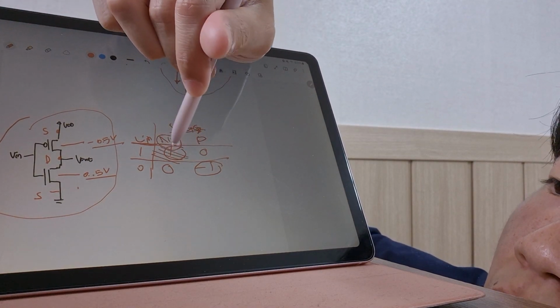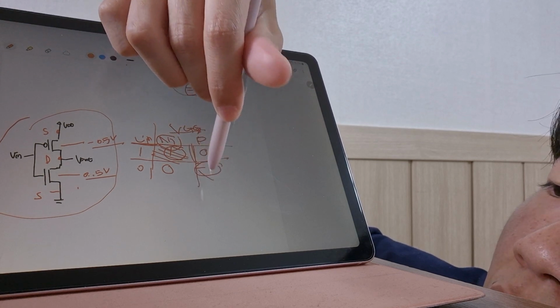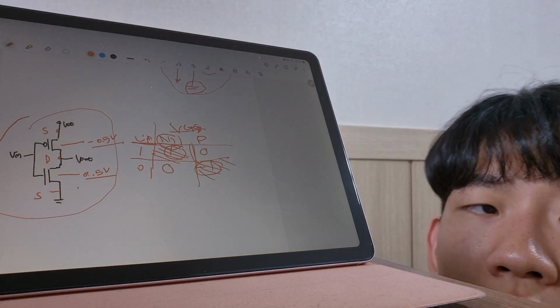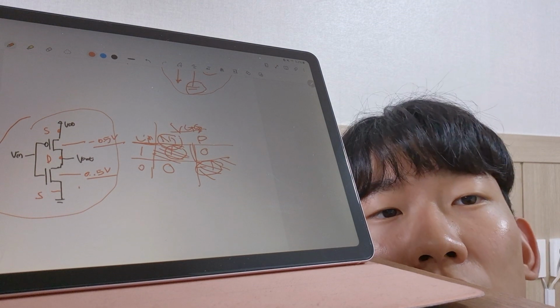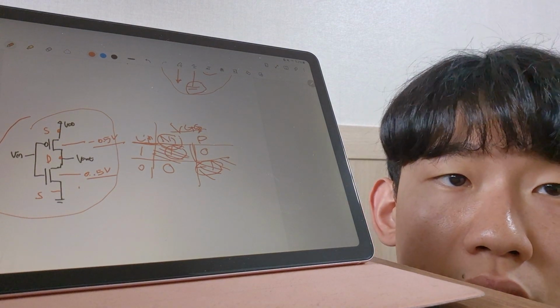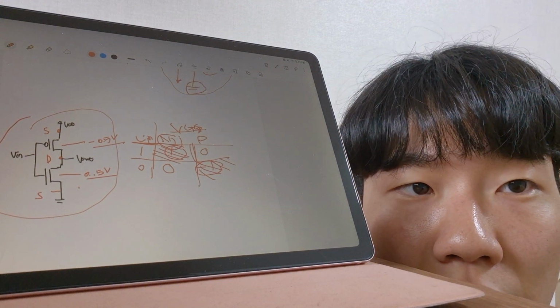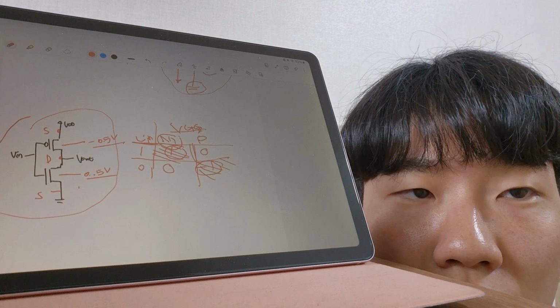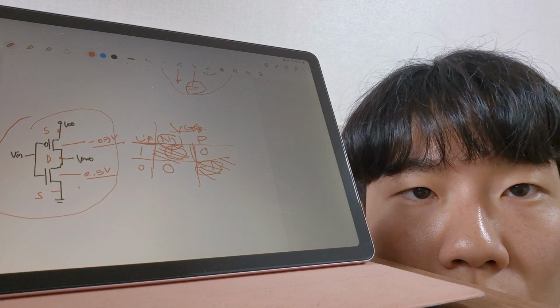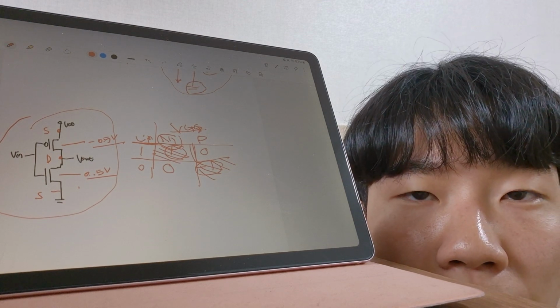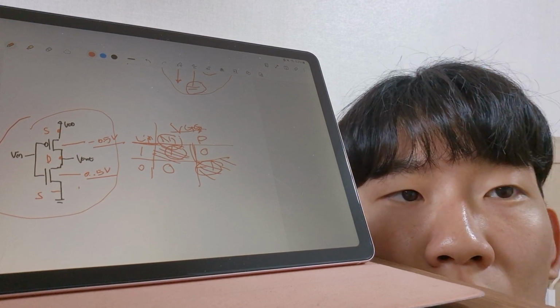So the PMOS turns on in one case and the NMOS turns on in the other, so both MOSFETs don't turn on at the same time, so this is usable.